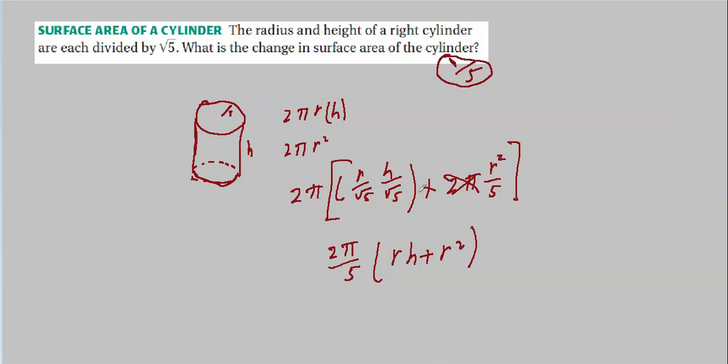So if we take that cylinder, divide the linear parameters by the square root of 5, we get our original area all divided by 5. So this is just straight from our previous sections using scale factors and similar figures. In other words, you pretty much already knew how to do this. You just didn't know that you knew how.